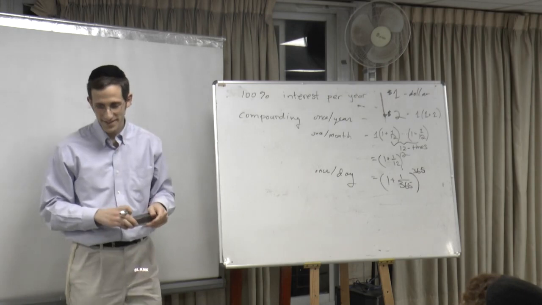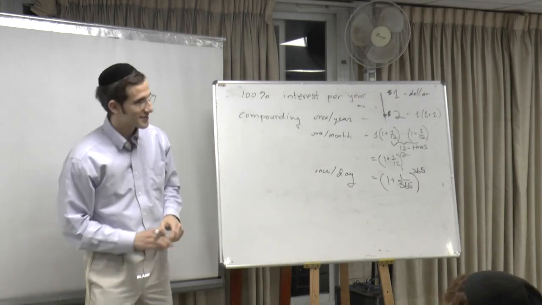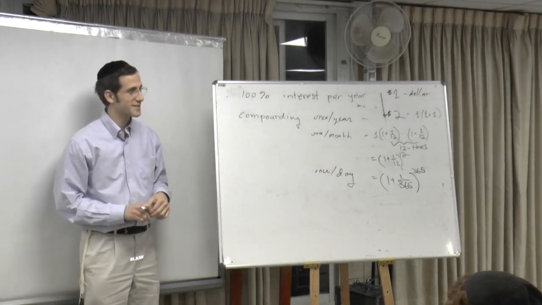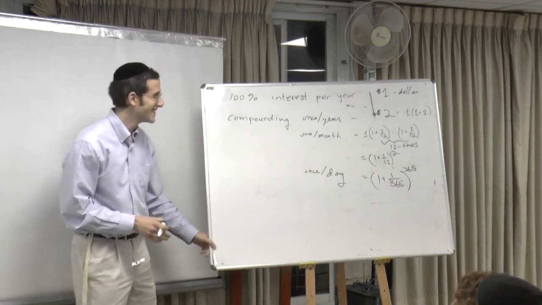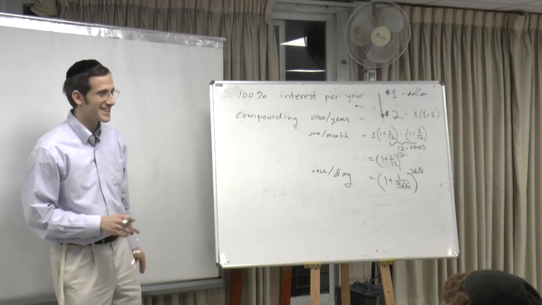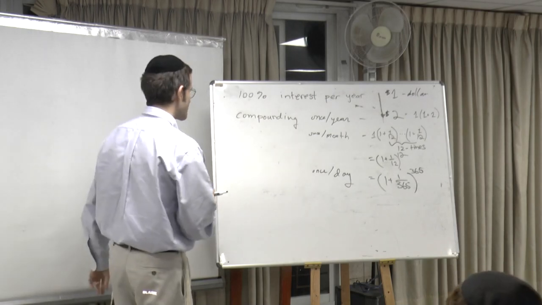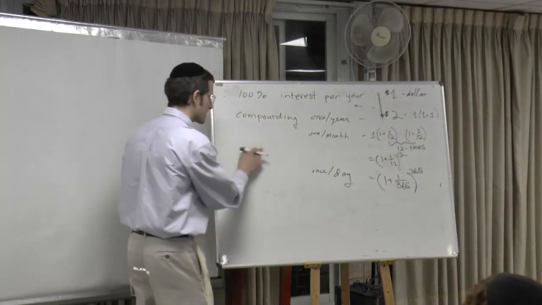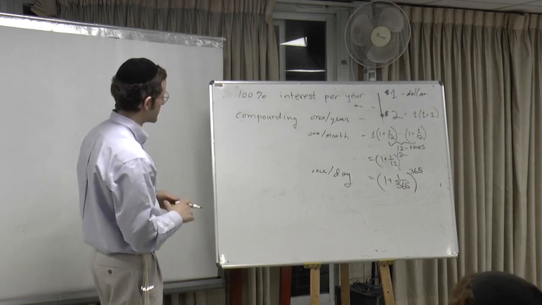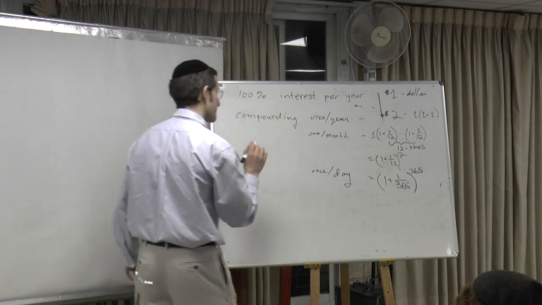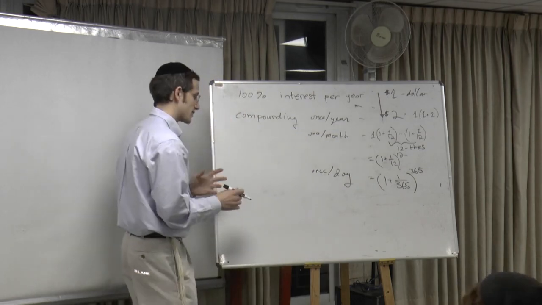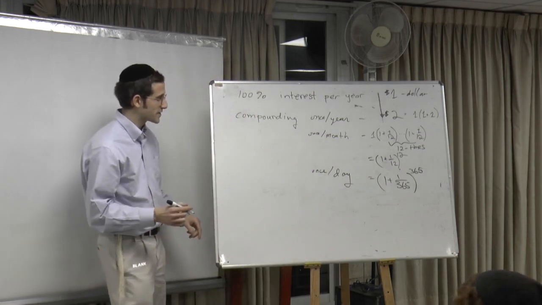For the purposes of this, the Jewish calendar works with 365 and 1/4, taking that into account. So if you're using halacha, you need to be more precise. This is an approximation.